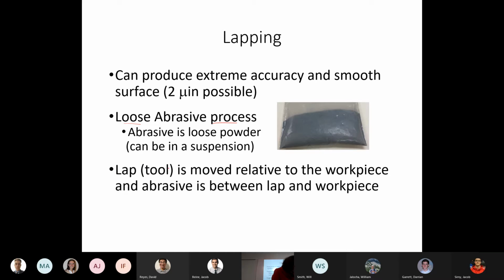The abrasive ends up being between the tool, which we call the lap. The lap can be flexible or it can be rigid, and the lap helps move the abrasive relative to the workpiece. So the abrasive is between the tool and the workpiece.